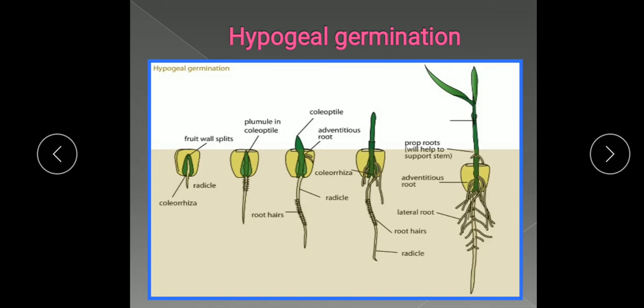So this type of germination in which cotyledons remain underground and the epicotyl elongates is known as the hypogeal germination.